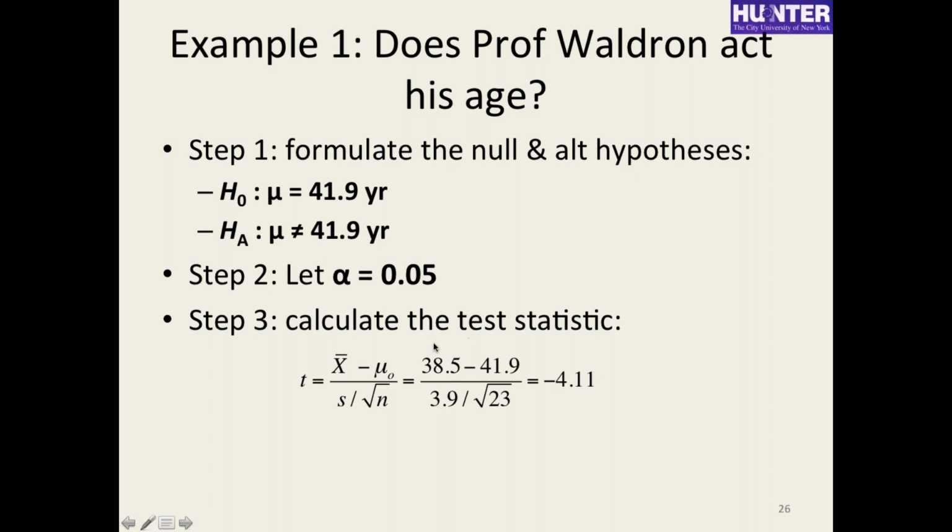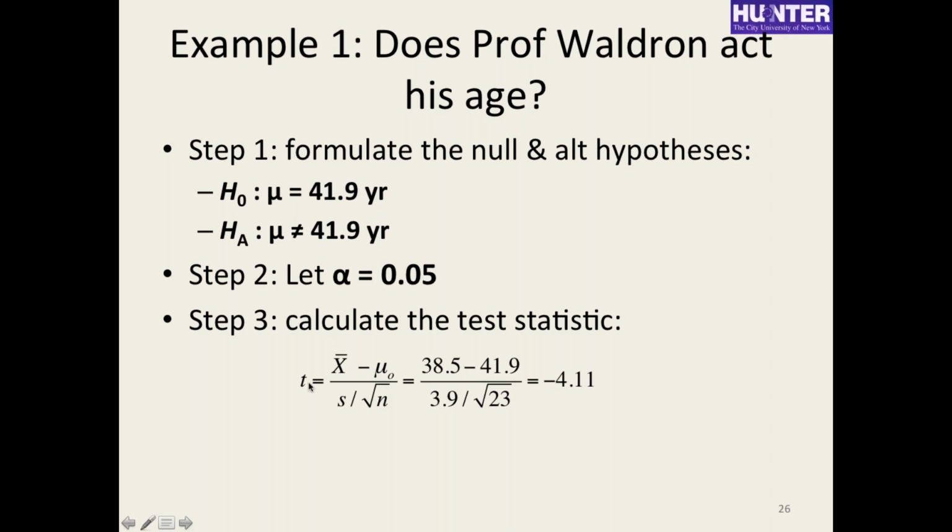Oh, I'm sorry, his real age is 41.9. They guessed 38.5, the average of all the guesses. So the actual value for his age is 41.9. Our hypothesis is that the mean of our guesses is equal to his actual age, or it's not equal to his actual age.